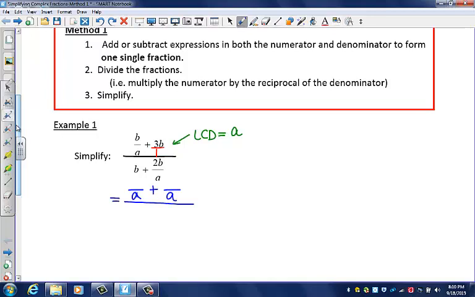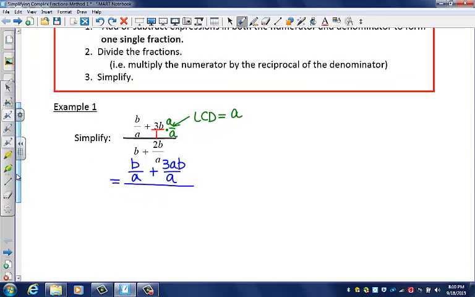My first one already has it, so the numerator stays the same. In my second fraction, I multiply by a so that I have a common denominator of a. So 1 times a is a in the denominator, and 3b times a is 3ab.